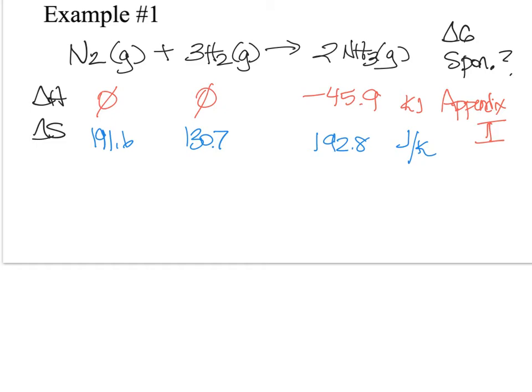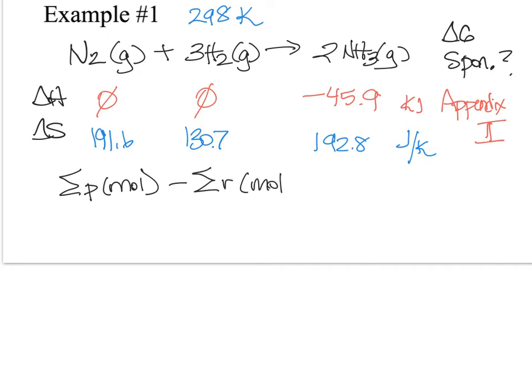And for these, unless we state otherwise, we assume room temperature, 298 Kelvin. Okay, so we're going to use the sum of the products times moles minus the sum of the reactants times moles to find out what delta H and delta S are, and then we can calculate delta G.